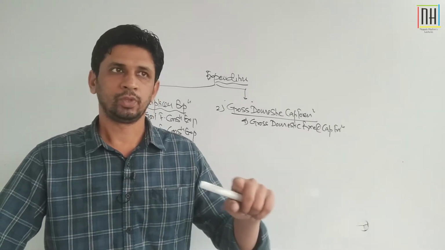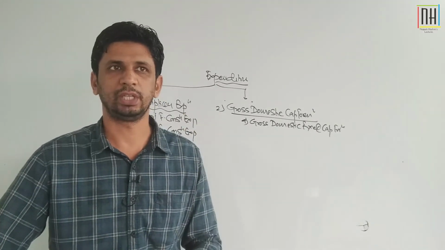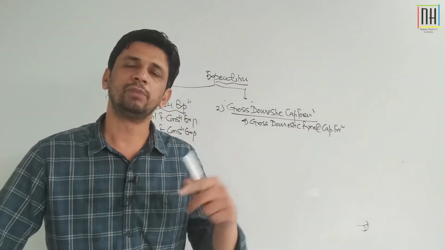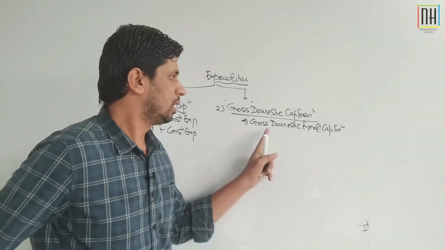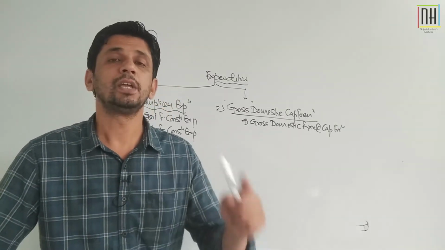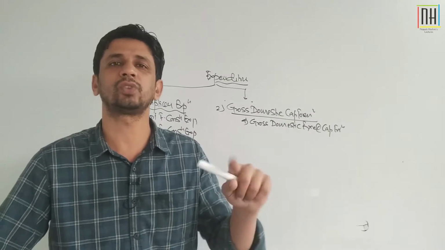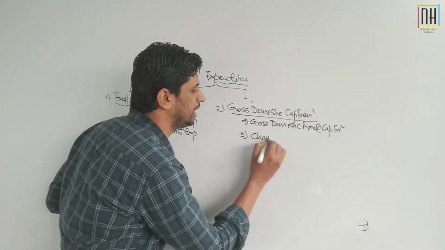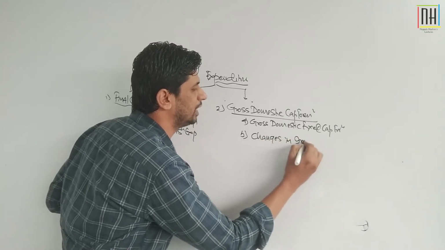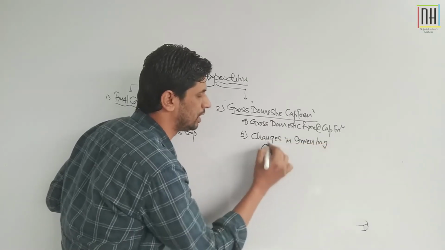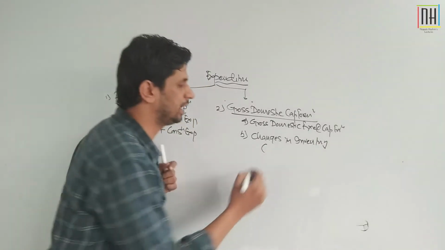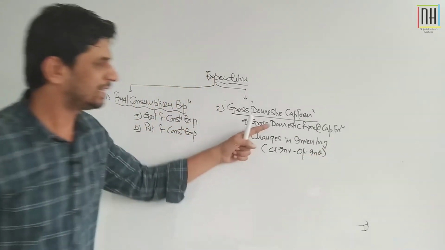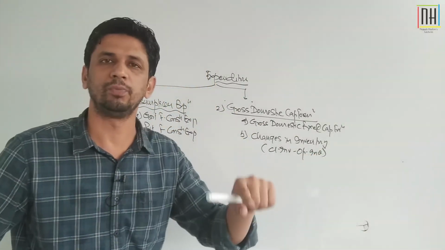Firm sector investment and private residential investment also come under this heading. Second is the changes in inventory, which represents inventory investment, and the formula is closing inventory minus opening inventory.